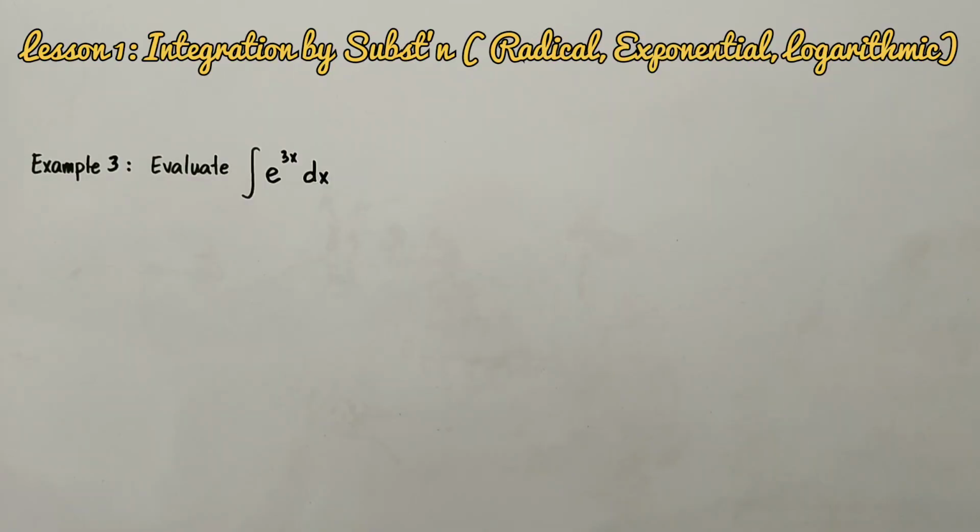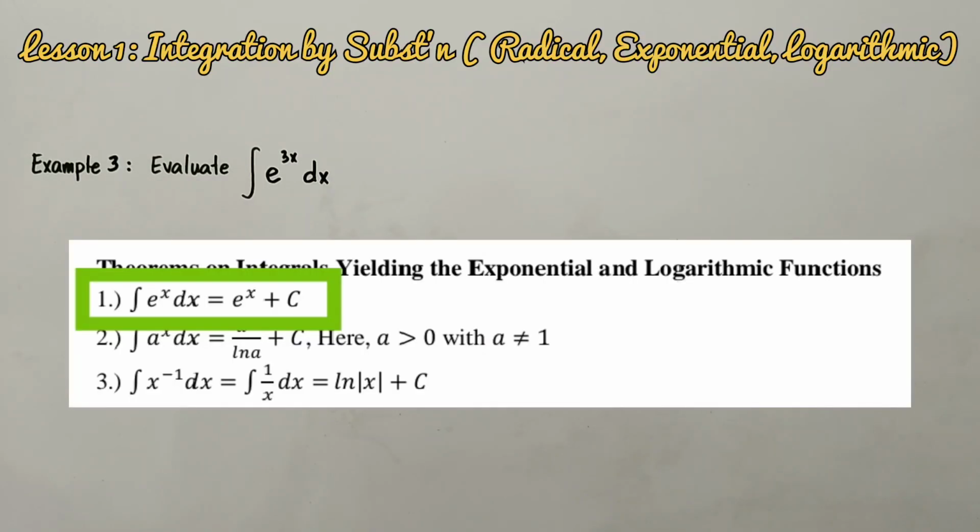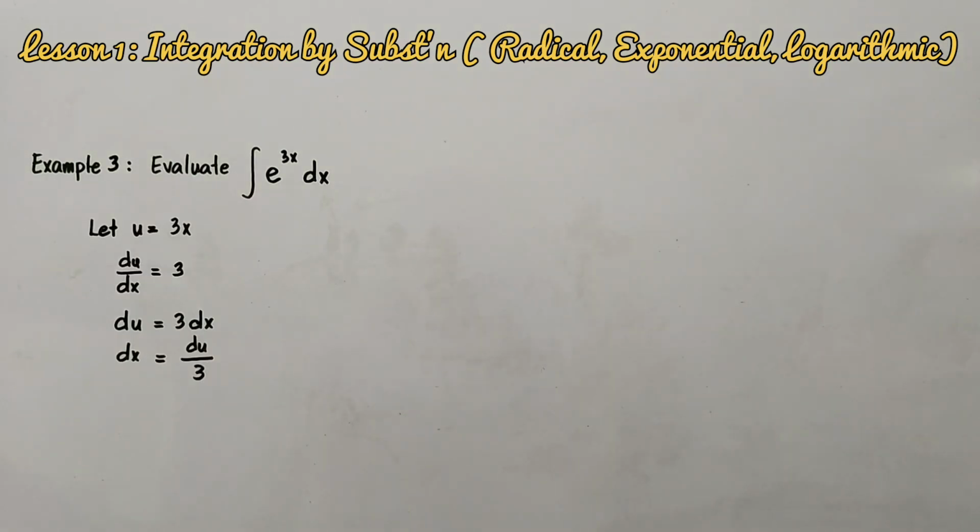For this given, recall that the integral of e power x dx is equal to e power x plus c. We let u equals 3x, so du over dx is positive 3. And du is equal to 3 dx, so dx is equal to du over 3.